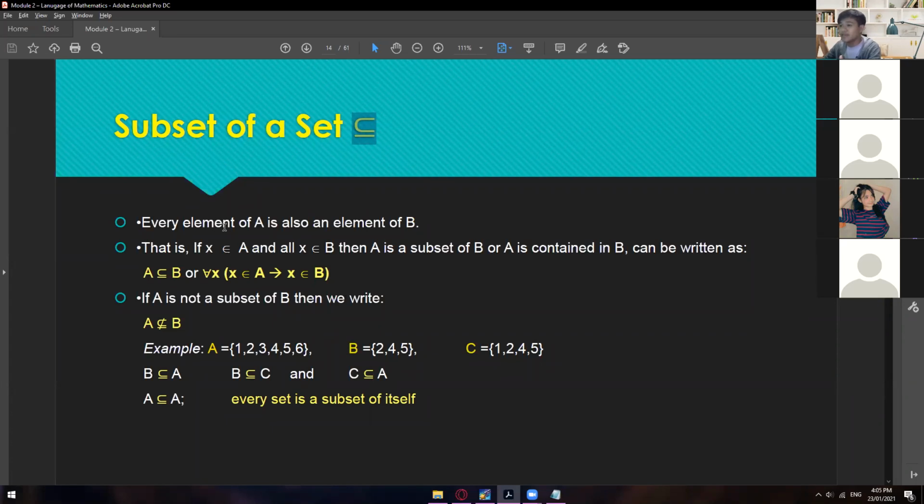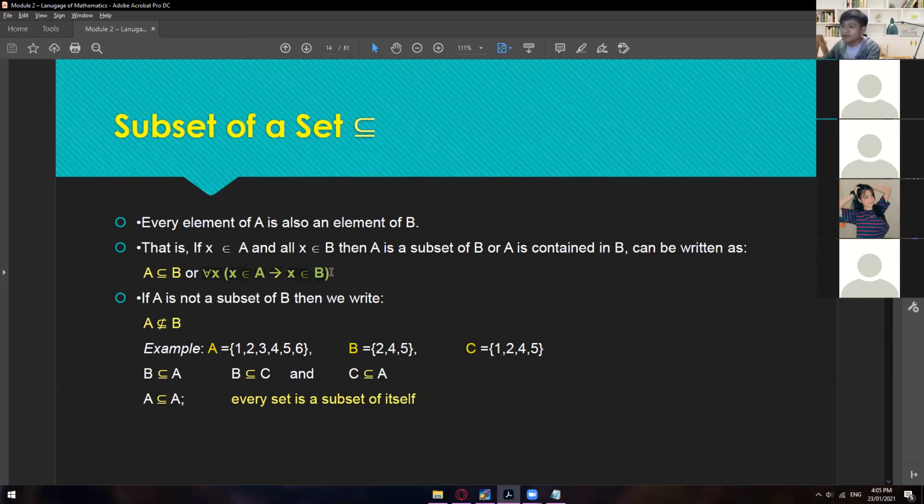So every element of A is also an element of B. So if that's the case, then A is a subset of B because all of the elements of A can be found on set B. Okay, so that is, if x is an element of A and x is an element of B, then A is a subset of B, or B is containing A. So this can be written as A subset B. Okay, so the only logic here is as long as all of the elements of this set can be found on this another set, okay, that one is already a subset, right?